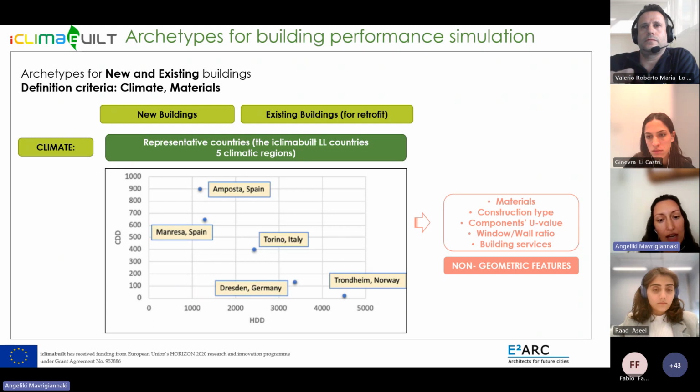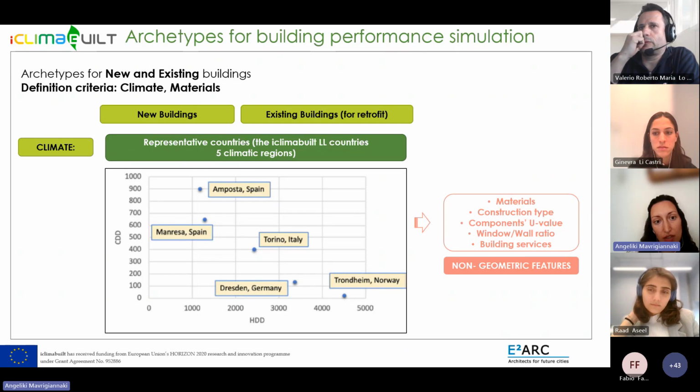This graph presents the heating degree days and cooling degree days for each of the climates. So having that in mind, we understand that in each area, different materials are used and different compositions and layerings. So different construction types that result in differing U values of each component.